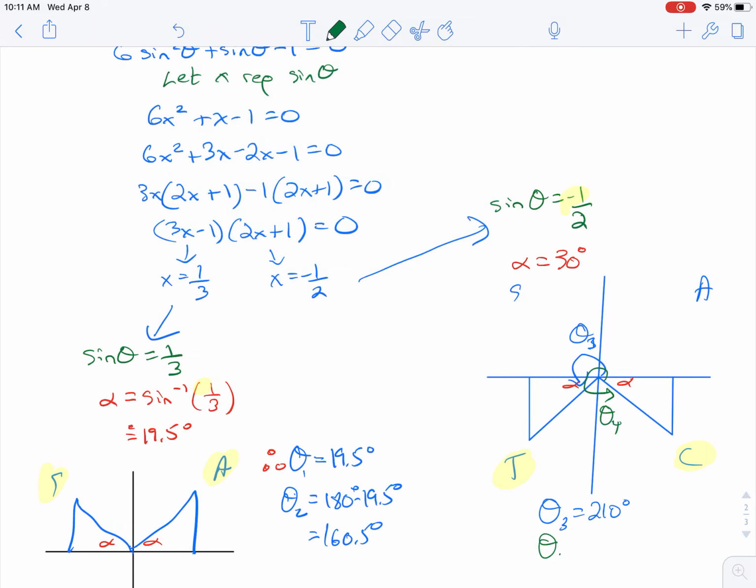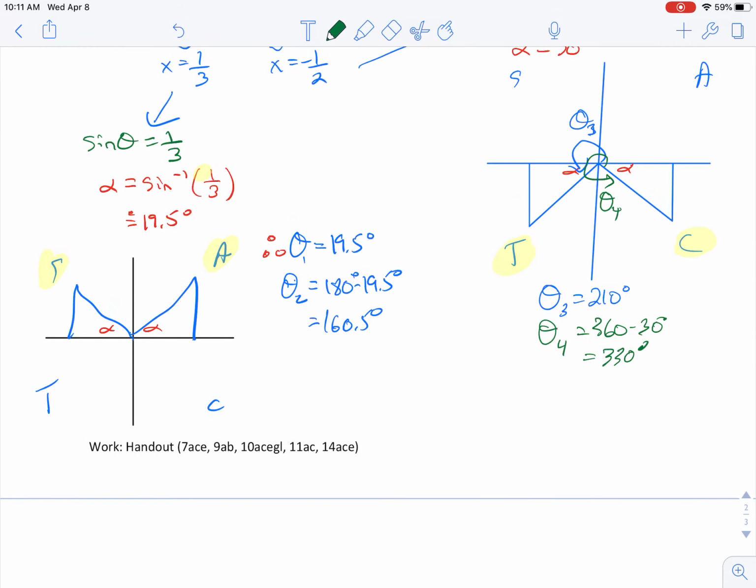And then theta 4 equals 360 minus 30, which is 330. So therefore, overall, theta is 19.5, 160.5, 210, and 330. So we get 4 answers.